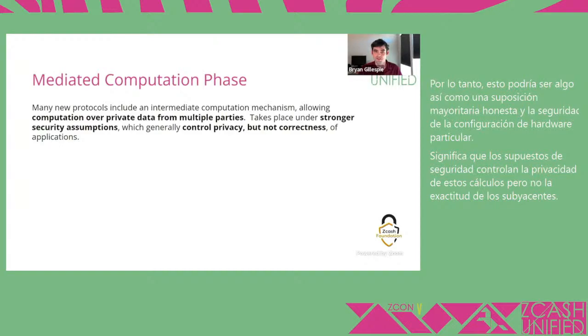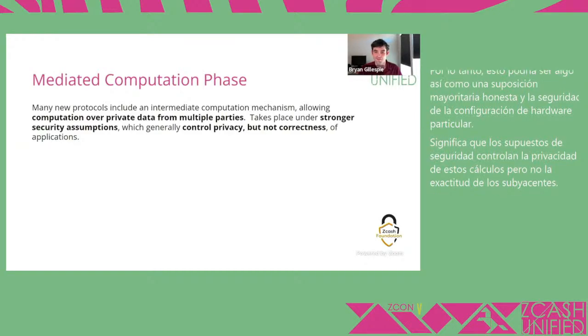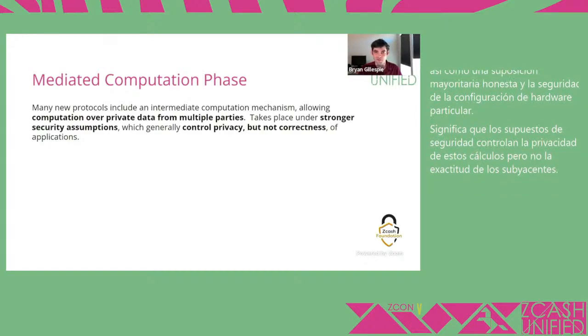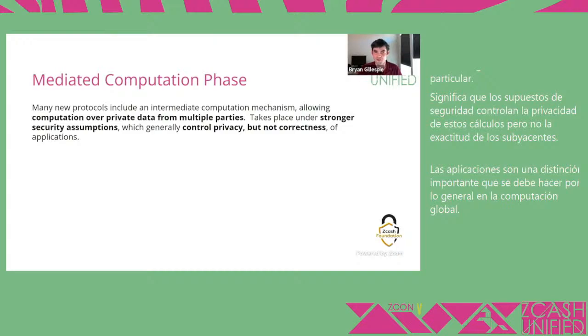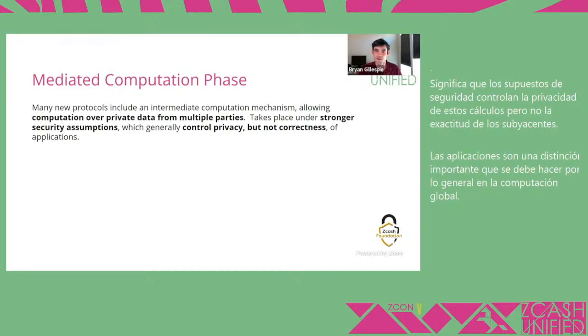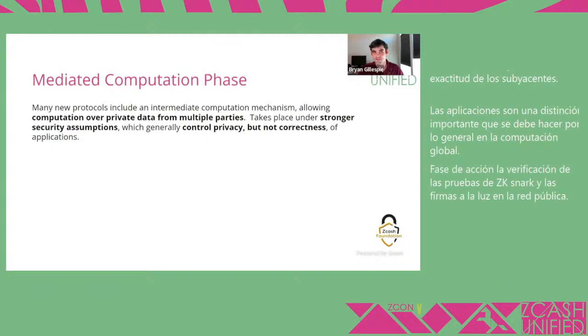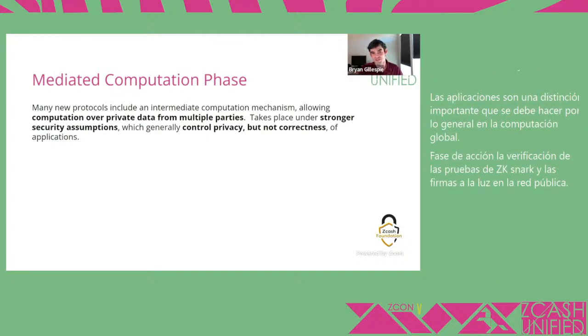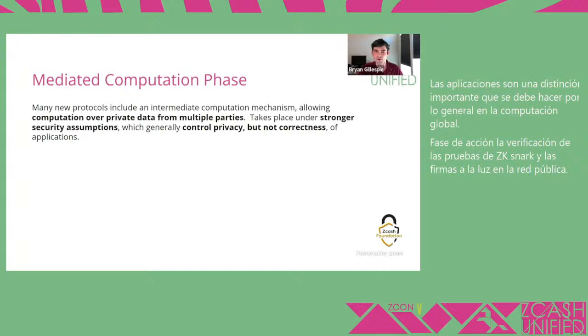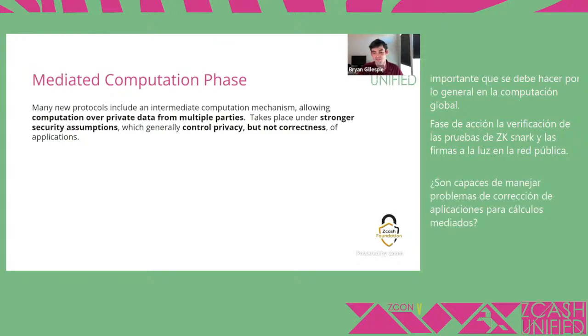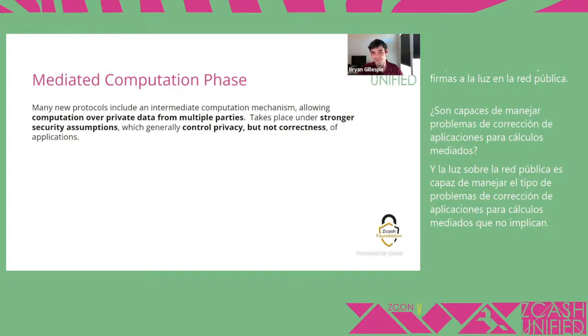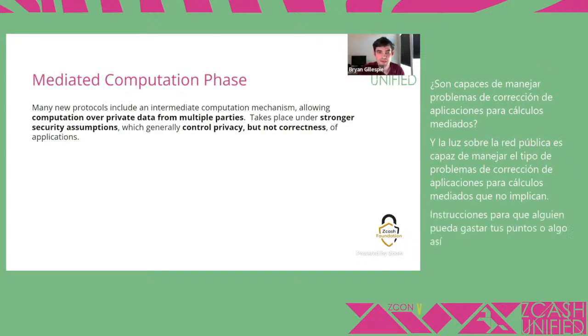Usually the global computation phase, the verification of ZK SNARK proofs and signatures and the like on the public network, is able to handle correctness issues of applications. So these higher security assumptions for mediated computations don't involve security assumptions on somebody being able to spend your coins or something like that.